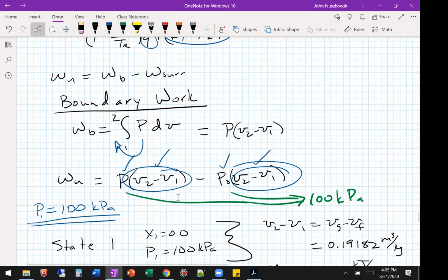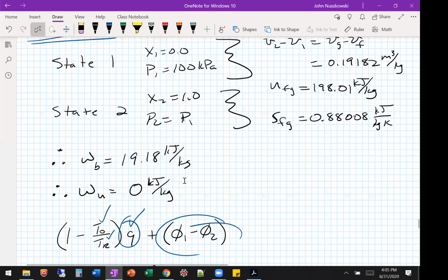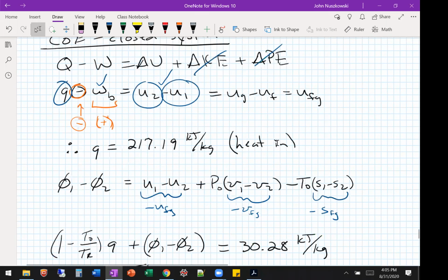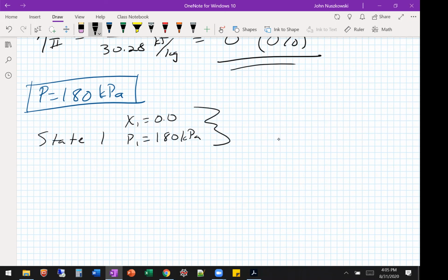Do the equations change? No, just the numbers. Yeah, now we just gotta go through the process of getting a new state value when it's 180 kPa and getting those values.